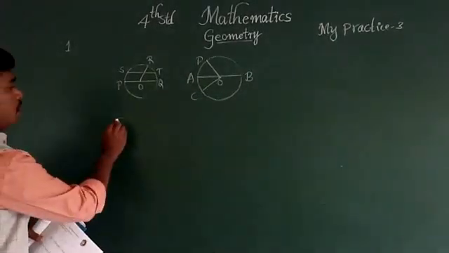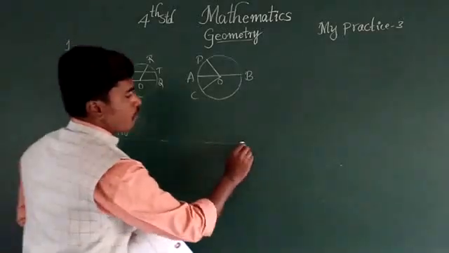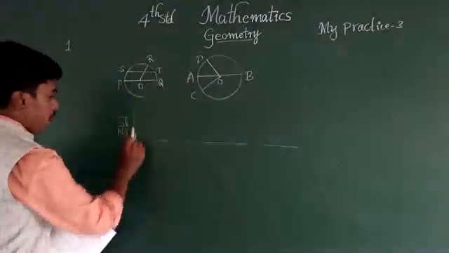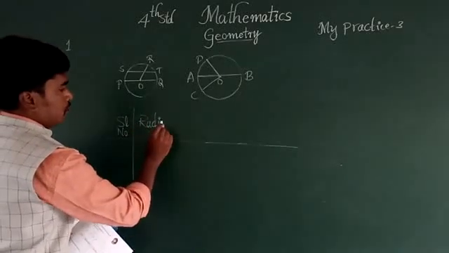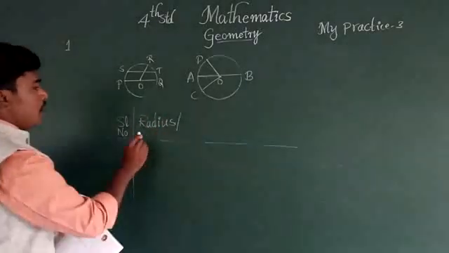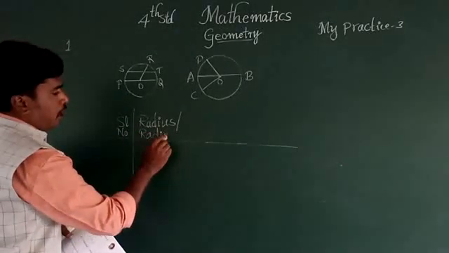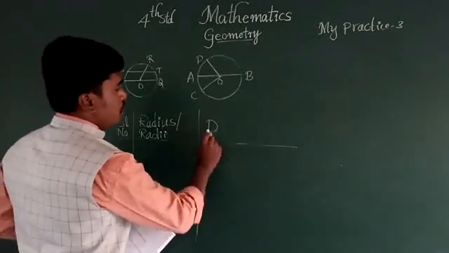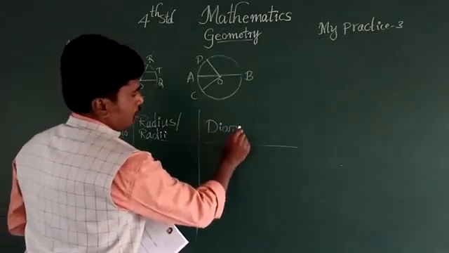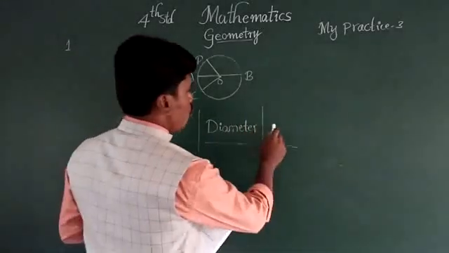First, serial number, radius or radii. Next, diameter, and then chord.